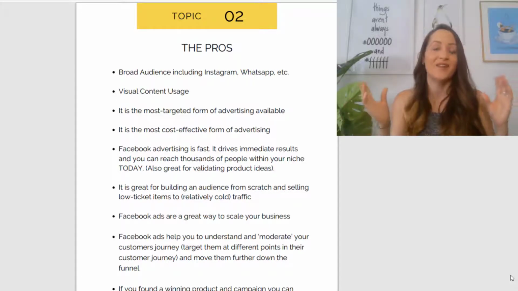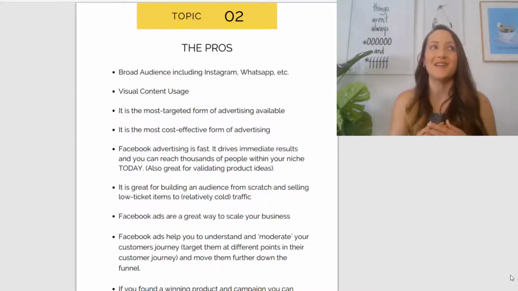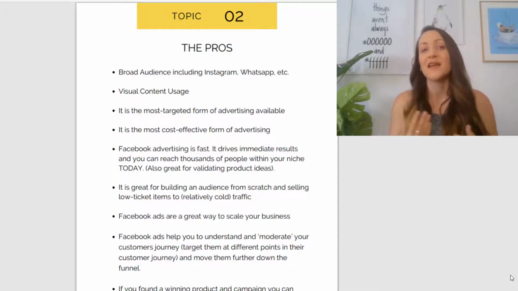And this is why Facebook ads are still the most cost efficient, effective form of advertising. I know a lot of people say Facebook ads are not profitable, they don't work anymore, they're too expensive, but the opposite is the truth. Facebook ads are the most cost-effective form of advertisement we have available online. So that's a huge pro.